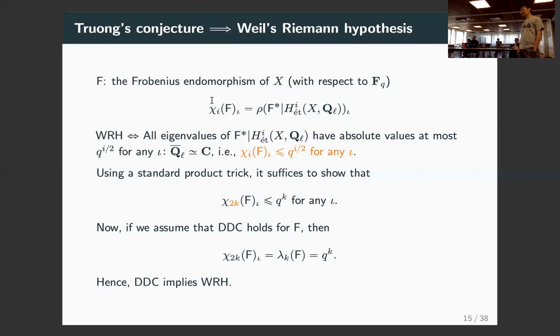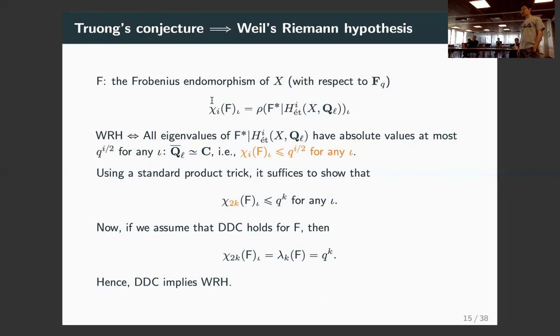In other words, the i-th cohomological dynamic degree of this Frobenius endomorphism with respect to this field isomorphism iota is less than or equal to q^{i/2} for any iota. So this is a statement: we just translated the Riemann hypothesis into a dynamical statement.